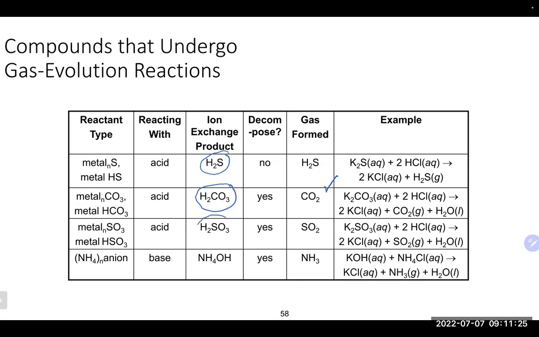That was the other one that we just saw there on the slide. Anything that involves sulfite or hydrogen sulfite, when reacted with an acid, will produce SO2. And anything with ammonia, ammonium hydroxide, will produce ammonia.